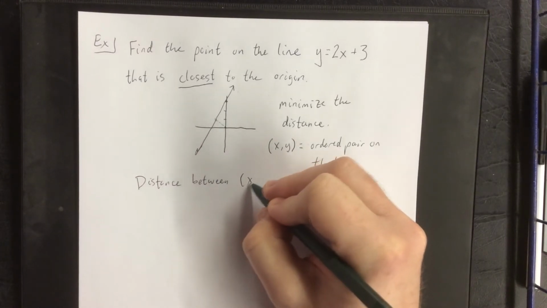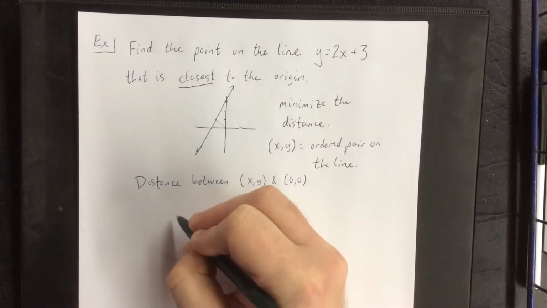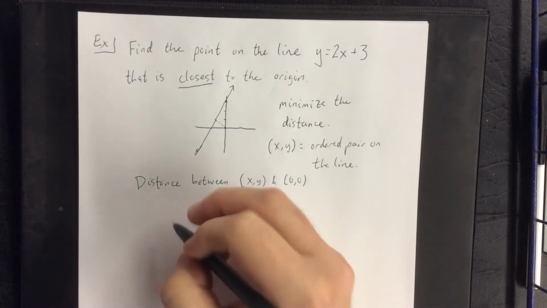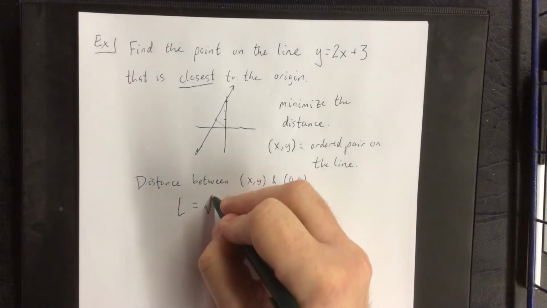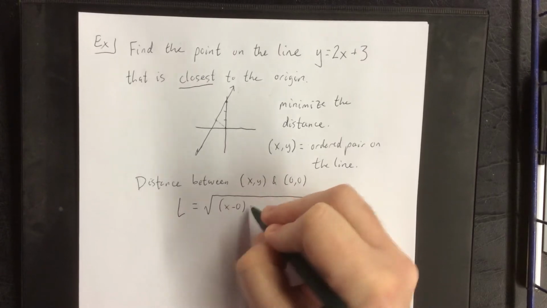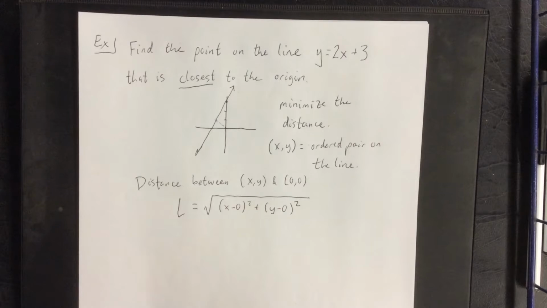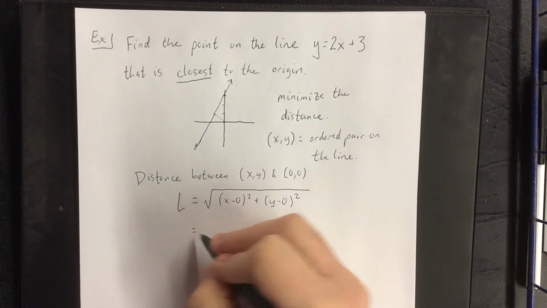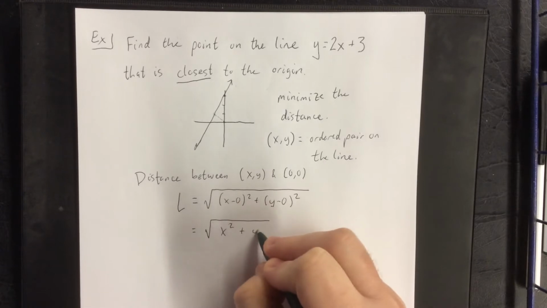So the distance between the ordered pair (x, y) and the ordered pair (0, 0), applying the distance formula, I'm actually going to use L for the length of this line segment, is going to be the square root of (x minus 0) squared plus (y minus 0) squared. Again, that is the distance formula. And simplifying, that would be x squared plus y squared.